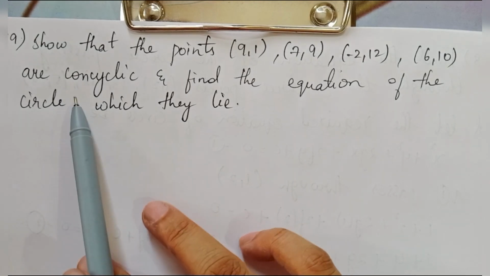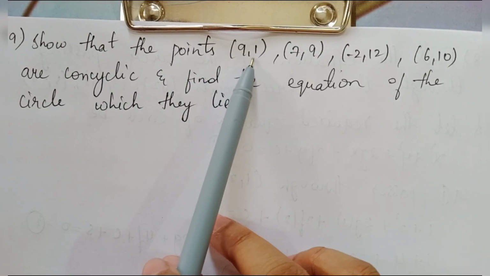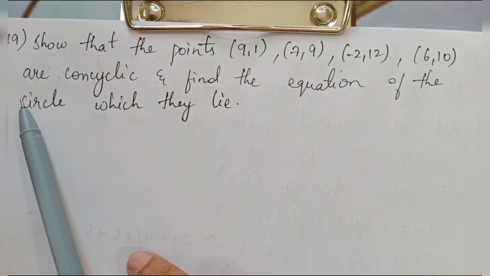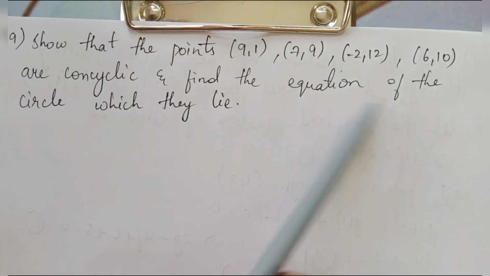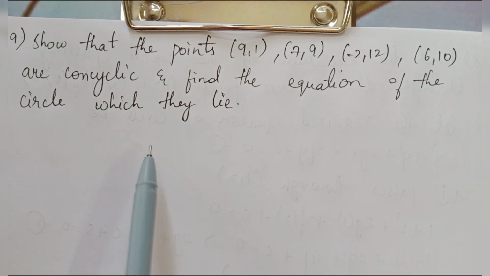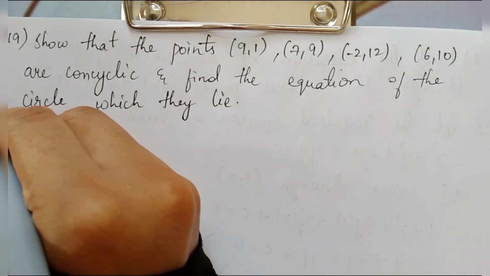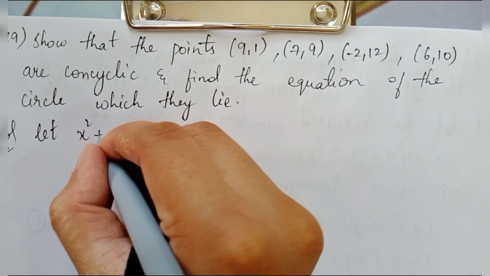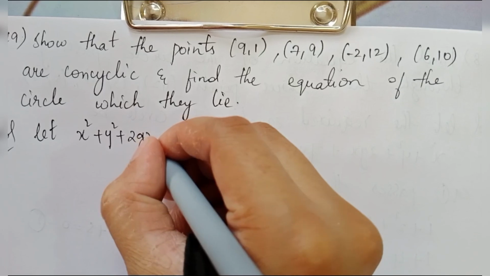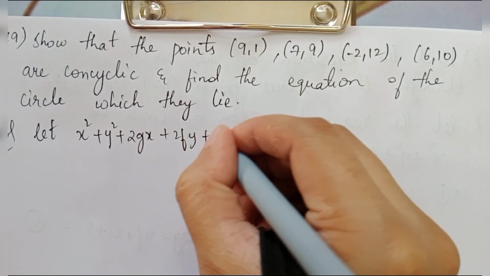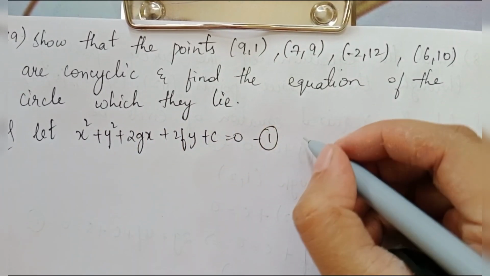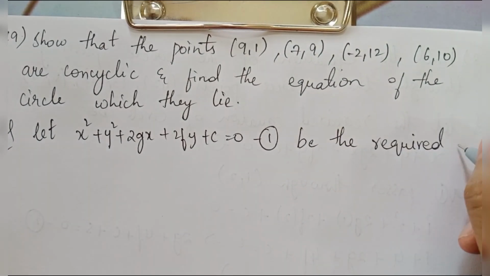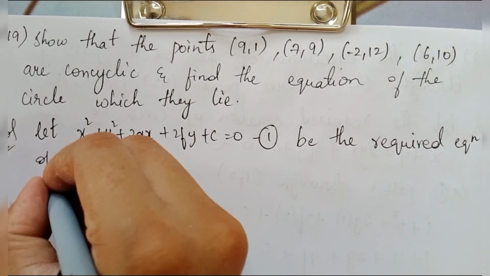So our 19th question is, show that the points (9, 1), (7, 9), (minus 2, 12), (6, 10) are concyclic and find the equation of the circle on which they lie. So again we have to consider the equation of circle, which is x square plus y square plus 2gx plus 2fy plus c is equal to 0 as equation 1, be the required equation of circle.